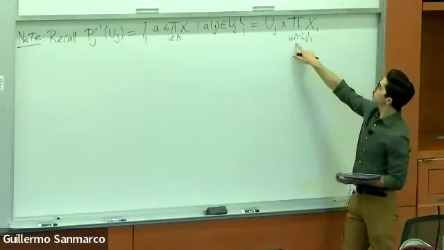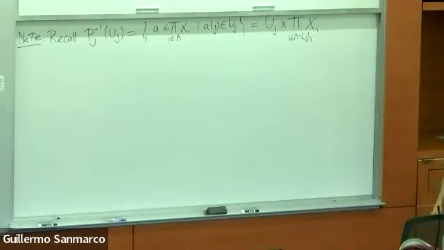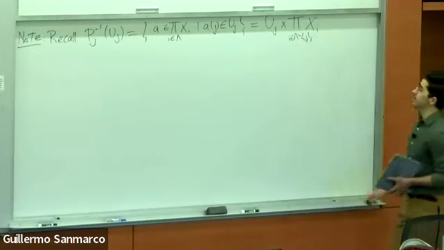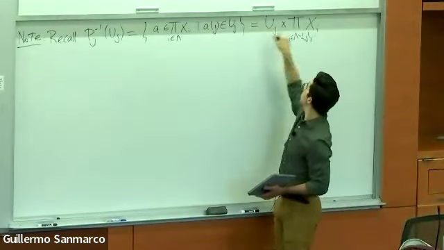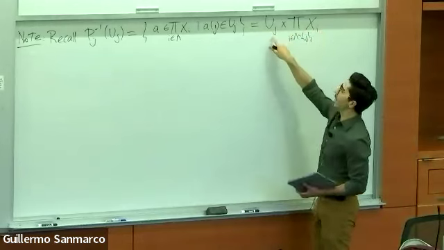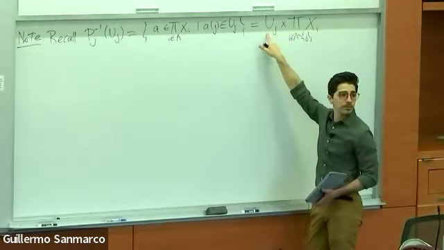So that's just an index different from j. So this is mostly formal. What I'm saying here is it's the product of all sets, but for the jth coordinate, I want to restrict to that U.